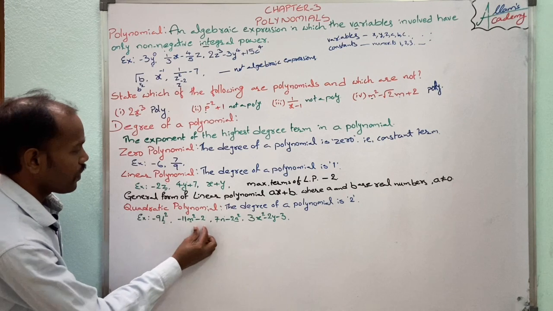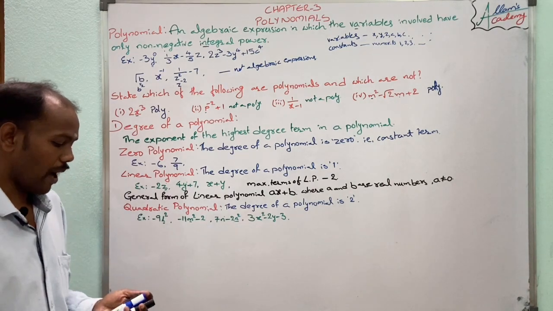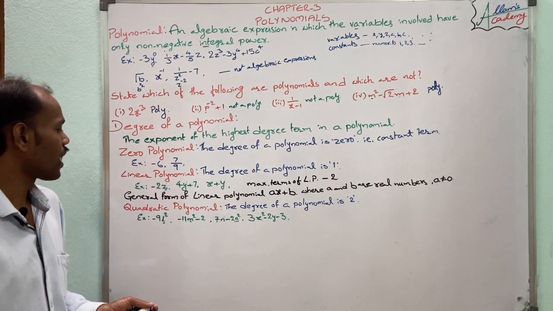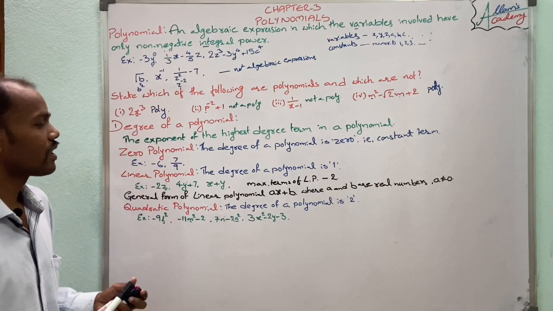Now if we observe these examples, the maximum number of terms of a quadratic polynomial is 3 only.